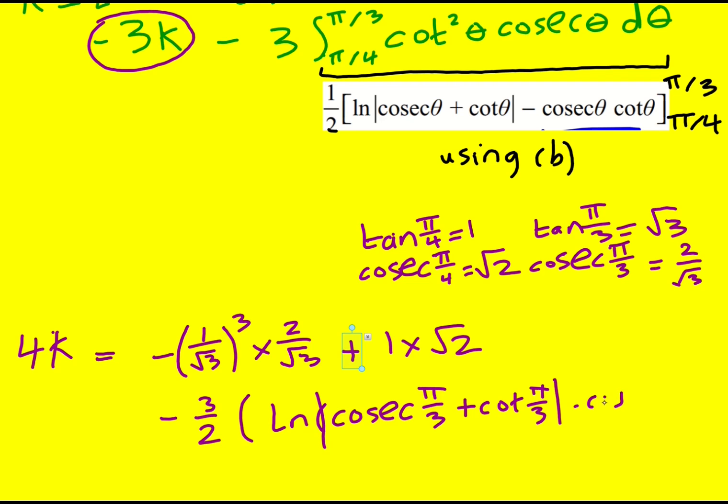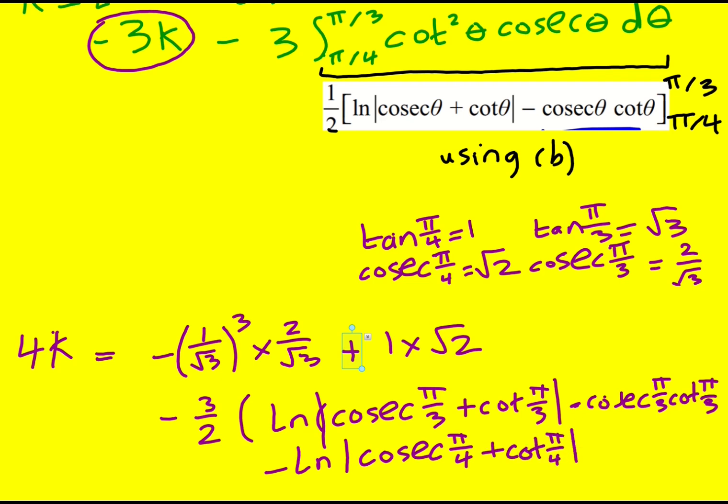Minus cosec pi over 3 cot pi over 3. Minus ln cosec pi over 4 plus cot pi over 4. Then minus minus, so plus cosec pi over 4 cot pi over 4.